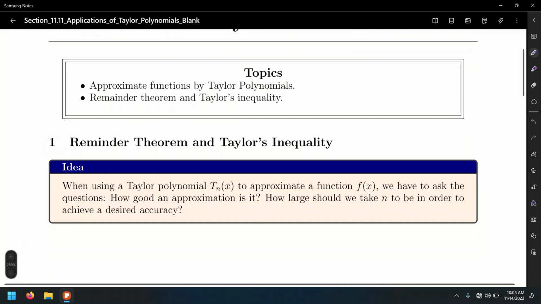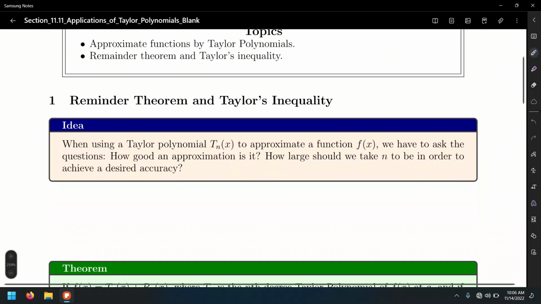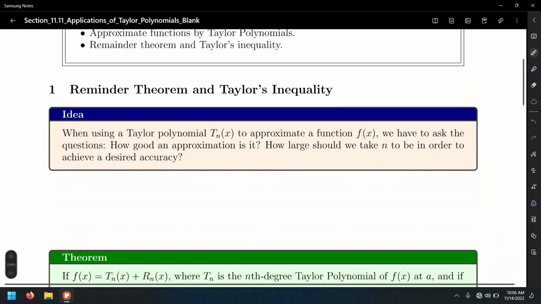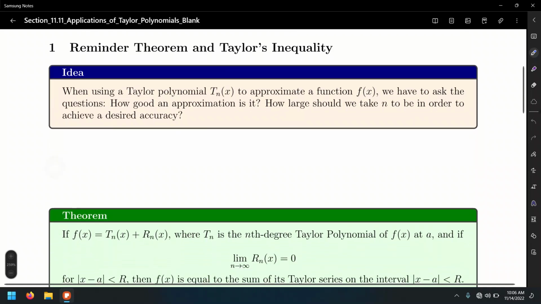There are a bunch more applications in chemistry as well when you work with ideal gases, and you can develop temperature, pressure, or volume functions in terms of Taylor polynomials. Those of you who are going to take physical chemistry or thermodynamics, depending on your major, may get to see these Taylor polynomials again.